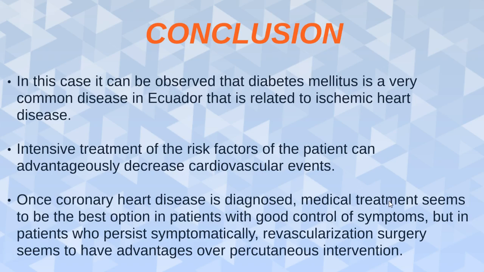Conclusion. In this case, it can be observed that diabetes mellitus is a very common disease in Ecuador that is related to ischemic heart disease. Intensive treatment of the risk factors of the patients can advantageously decrease cardiovascular events.